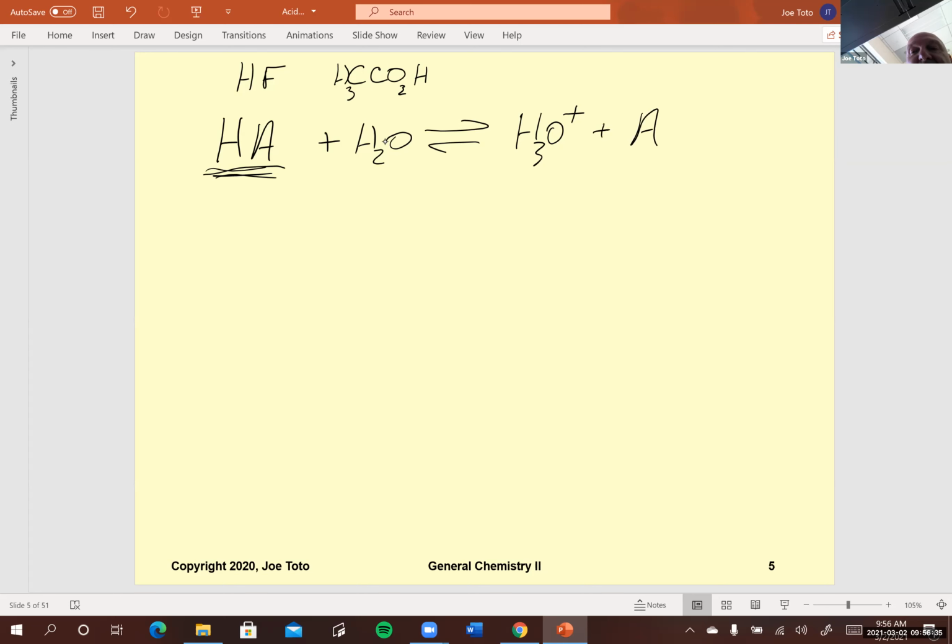Yeah, correct. So you have this type of equilibrium ensuing when you put in some HA in the water. It comes to equilibrium and you form a little bit of H3O plus, and that makes the pH go down from 7. So pH would be less than 7 in this case. That's what you just said, and that is correct.